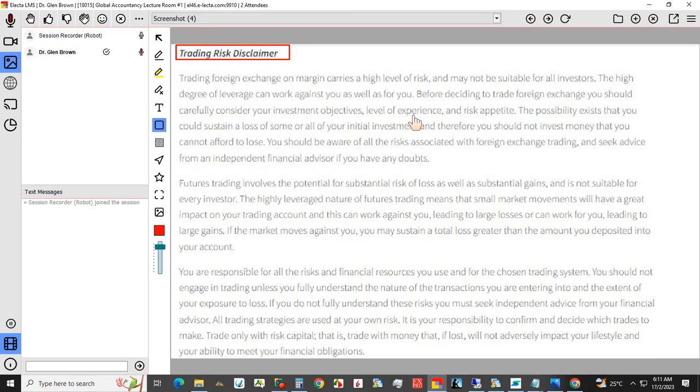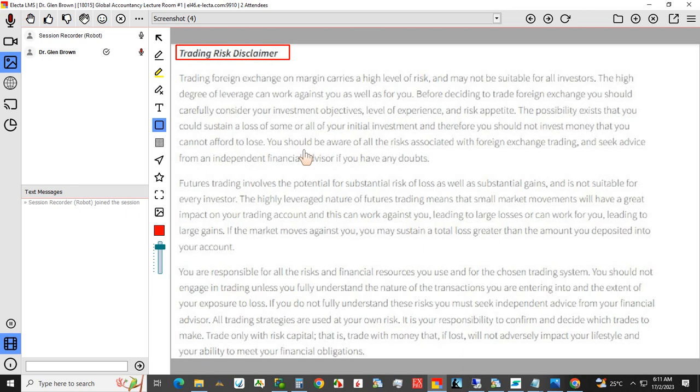The possibility exists that you could sustain a loss of some or all of your initial investment, and therefore you should not invest money that you cannot afford to lose. You should be aware of all the risks associated with foreign exchange trading and seek advice from an independent financial advisor if you have any doubts.